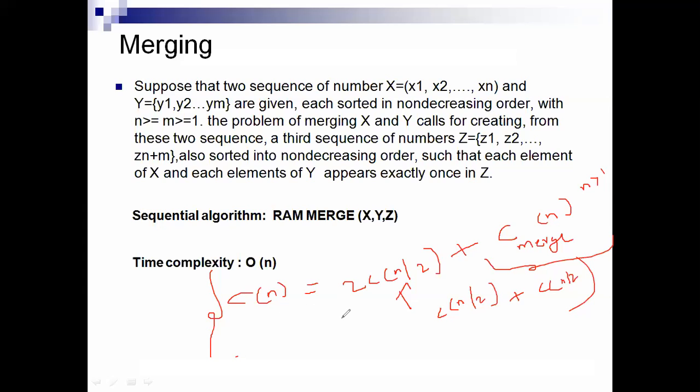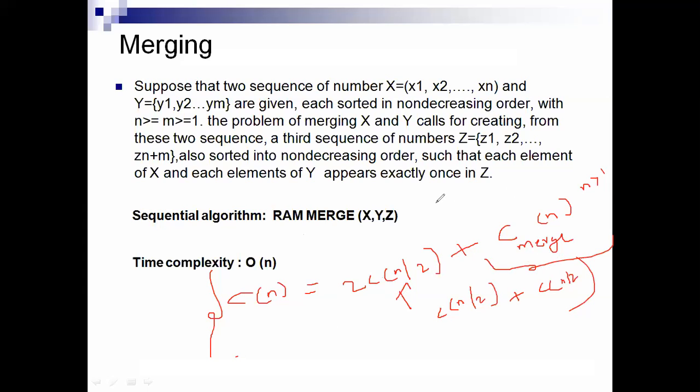See here, this is 2C of n by 2 plus the merge time, where the merge time is the number of key comparisons performed during the merge stage. At each stage only one comparison is made.